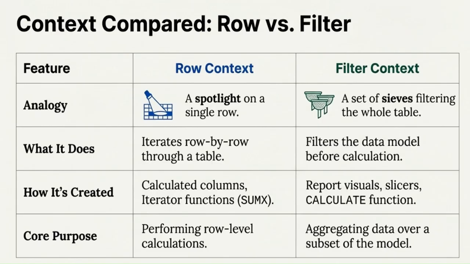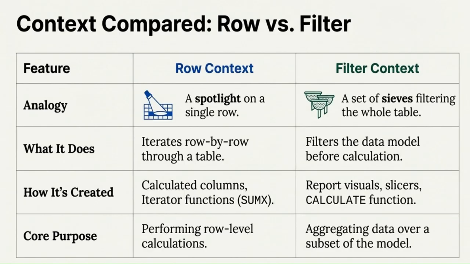Let's have a small comparison. Here we have a table with four features, row context and filter context. By analogy, row context is a spotlight on a single row. It works on a single row, evaluating one row at a time. Filter context filters the data set before the calculation.